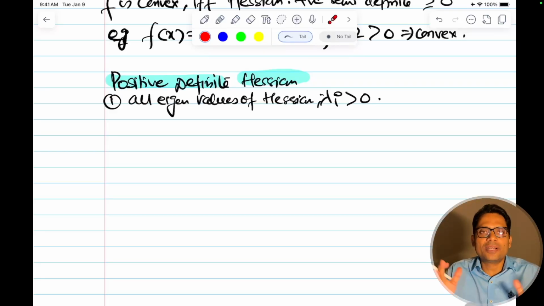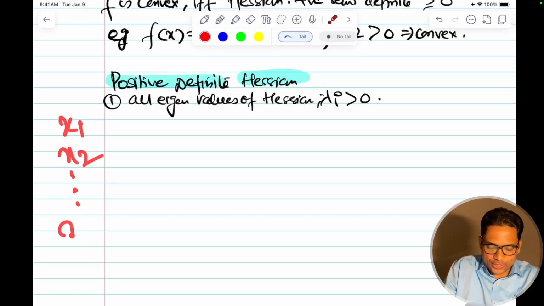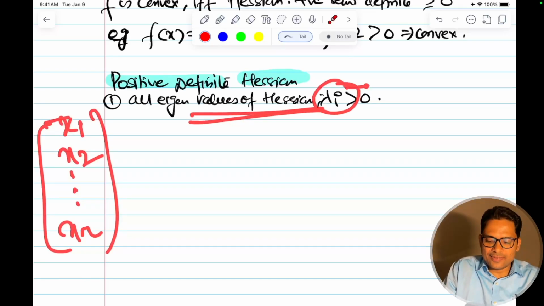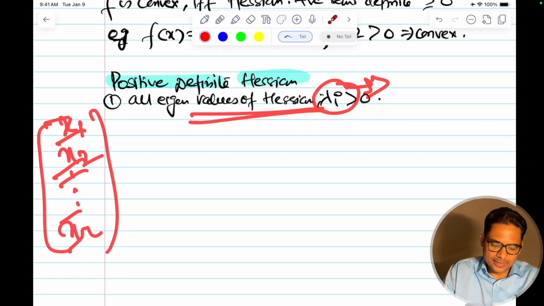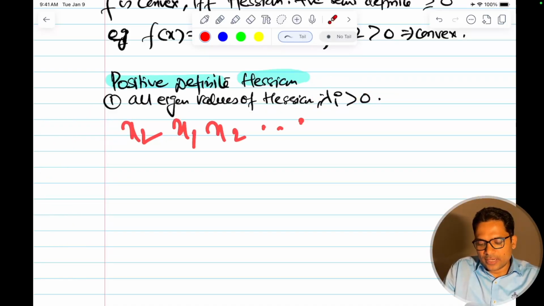Because this is multivariate, the function can have multiple dimensions, x1, x2 till xn. So if all the eigenvalues are positive, my function is curving upwards in all the dimensions, x1, x2 till xn.